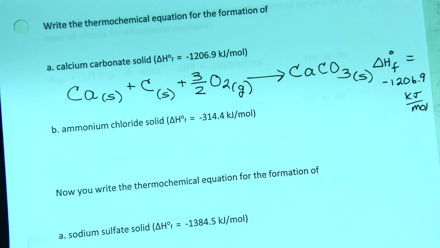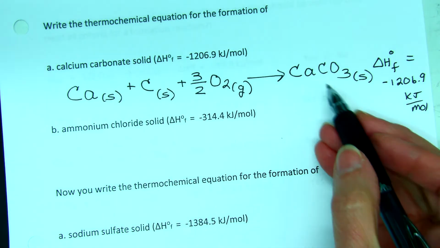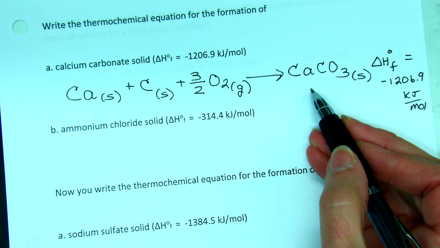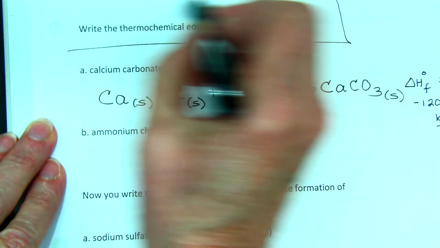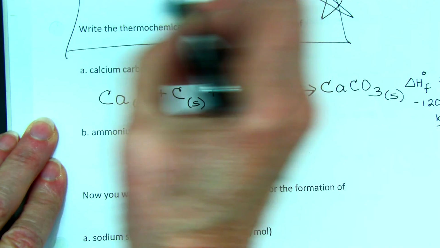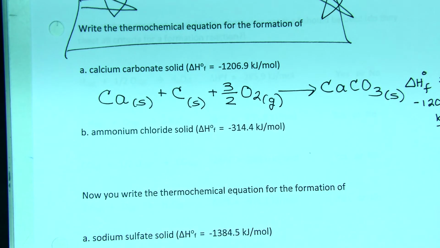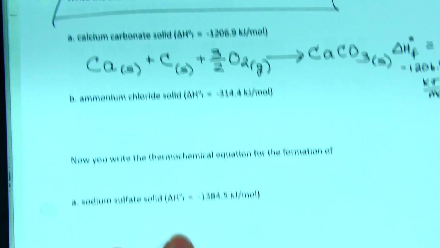It is not okay to multiply this by 2, because if I multiply this by 2, it no longer meets the criteria for a formation reaction because I would then be making 2 moles of calcium carbonate. So when we are writing thermochemical equations for the formation of whatever, we have to use those fractions if we have a diatomic element.